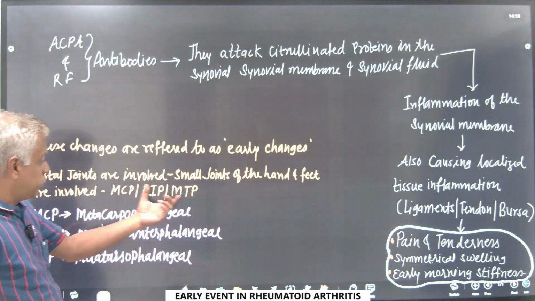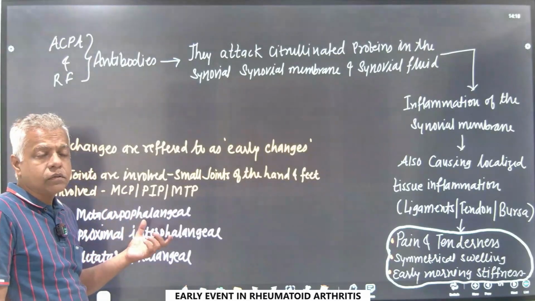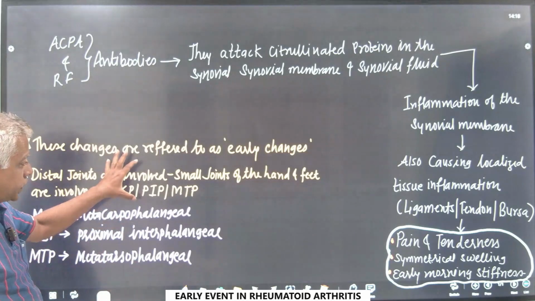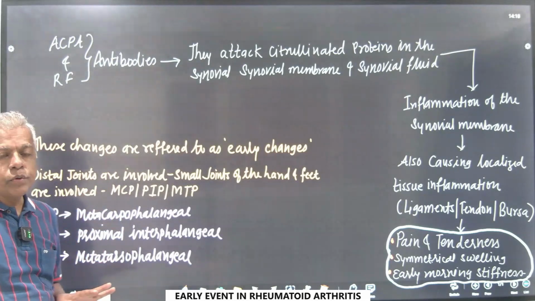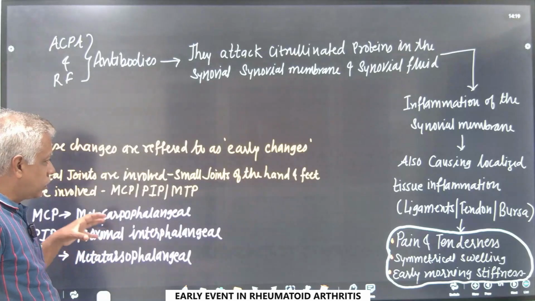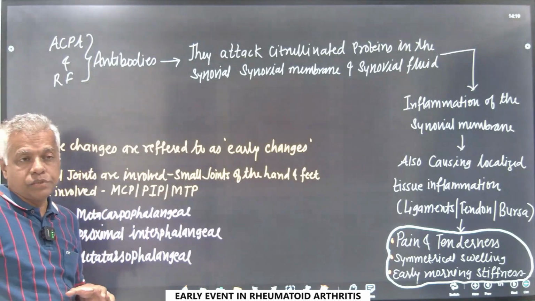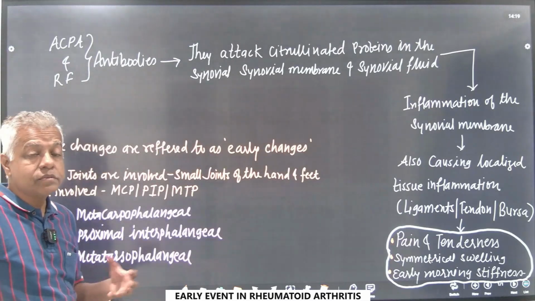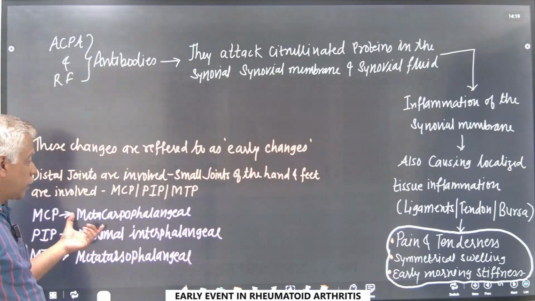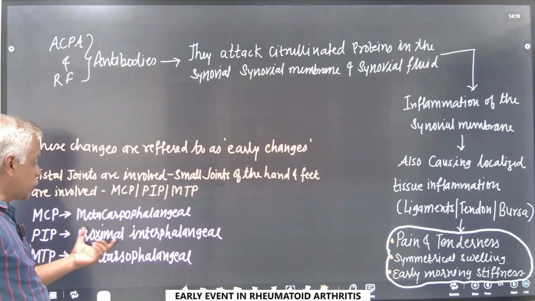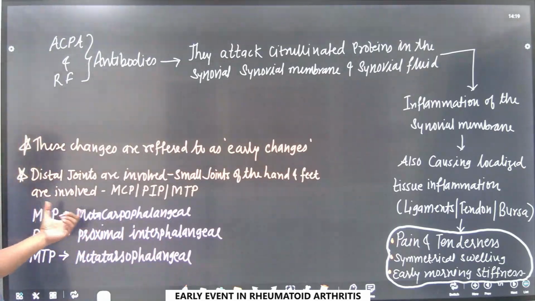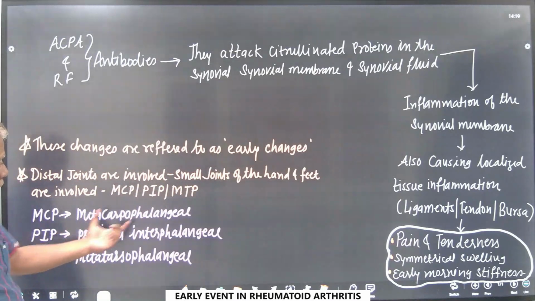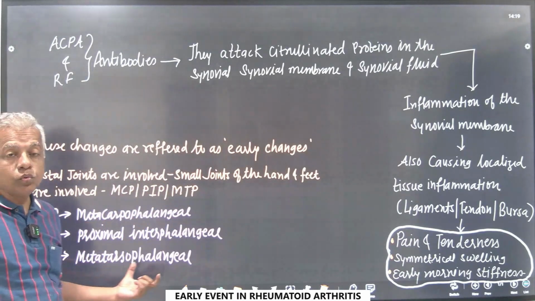As compared to MTP, MCP and PIP are the most common. So we will see the details later on, but at the moment what we should know is that the small joints of the hands and feet are usually involved first. And when we say small joints, meaning what? Metacarpophalangeal and proximal interphalangeal joints of the hands are the most commonly involved, and there may also be involvement of the metatarsophalangeal joints.